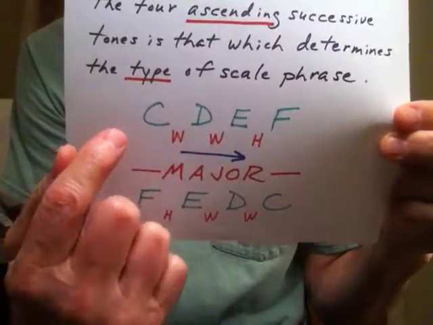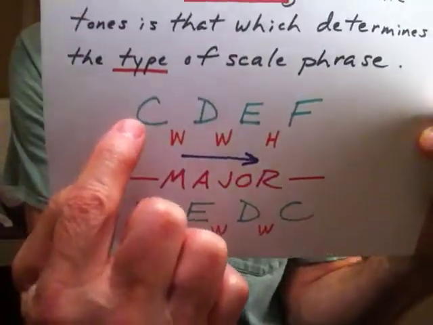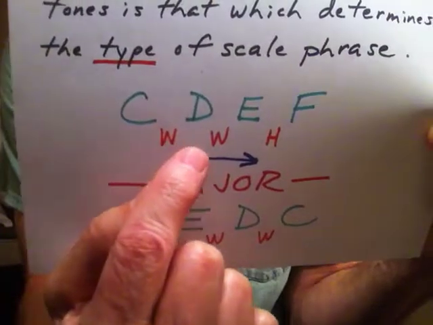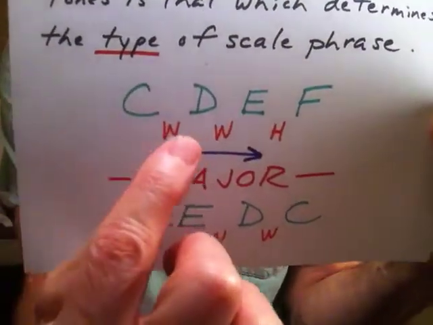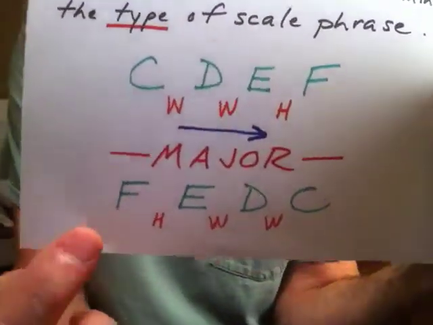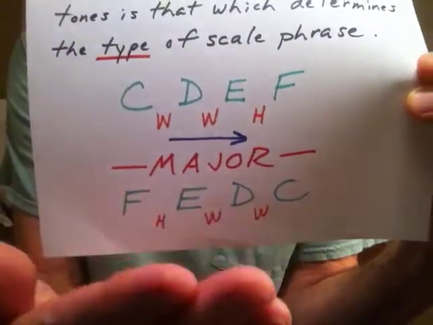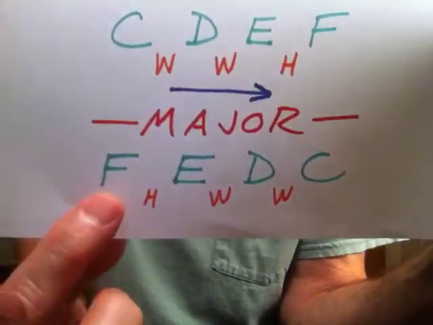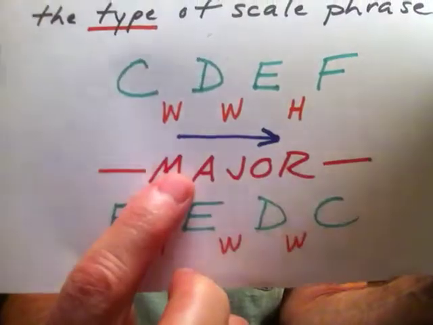Now let's look at that major scale phrase that I just showed. That's the major. You see the ascending order of pitch, and you see the ascending order of half-step intervals. That's whole step, half step. It's a major scale phrase. Now, even if you had your tones going down in pitch on a piece of notation paper, even if they go down, this is still a major scale phrase.